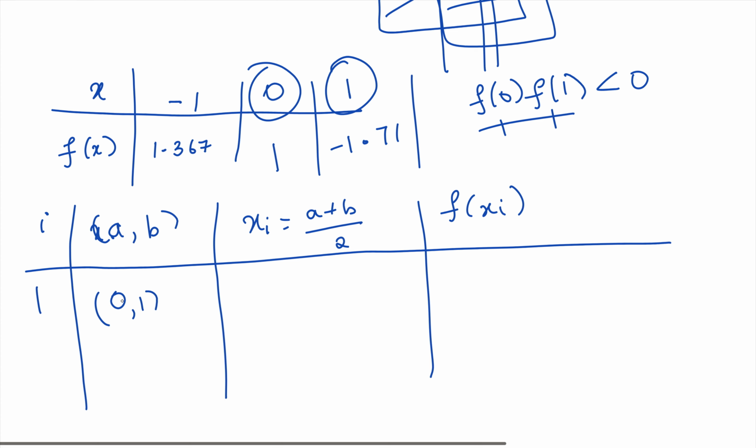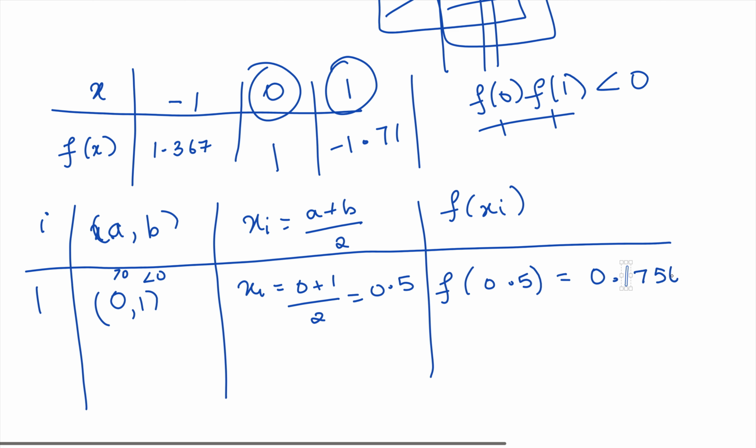This was giving us greater than 0 and this was giving us less than 0. And now what is xi? 0 plus 1 by 2, right? Xi is 0.5. Now what is f of 0.5? It's 0.1756, which is greater than 0.